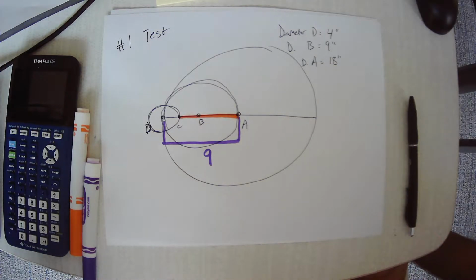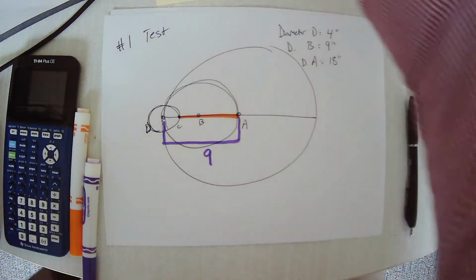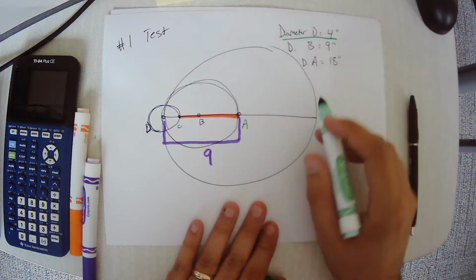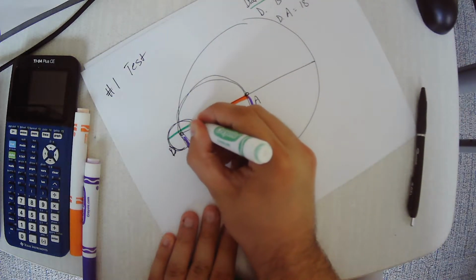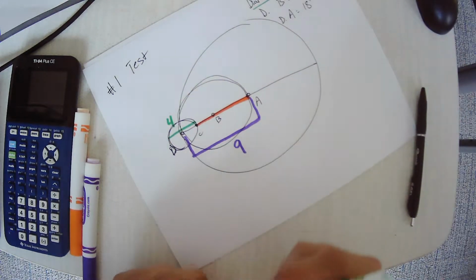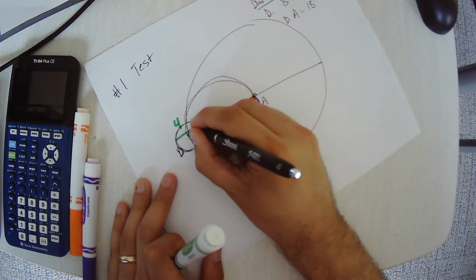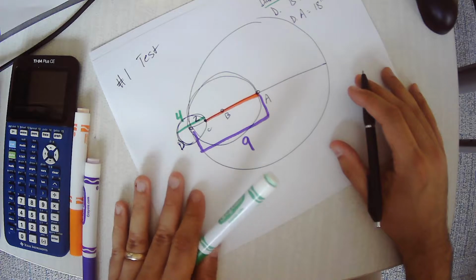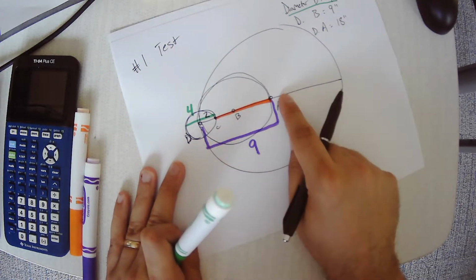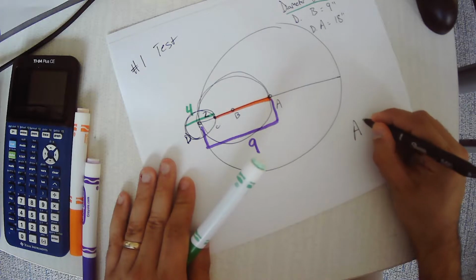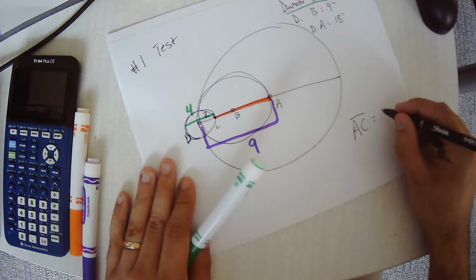Well, that is circle D, and it has a diameter of 4. So that means right here is 4, so that little sliver is 2. So AC is 9 minus that little sliver of 2. So AC is 7.